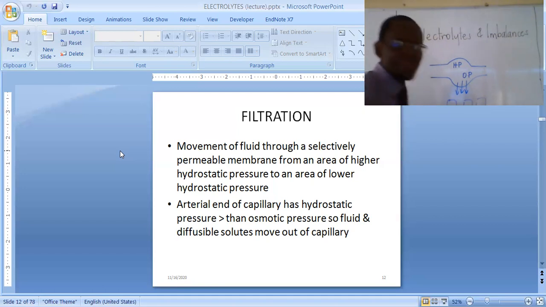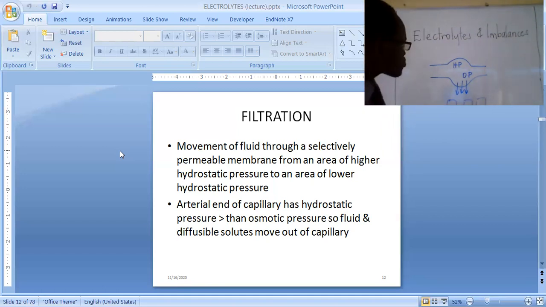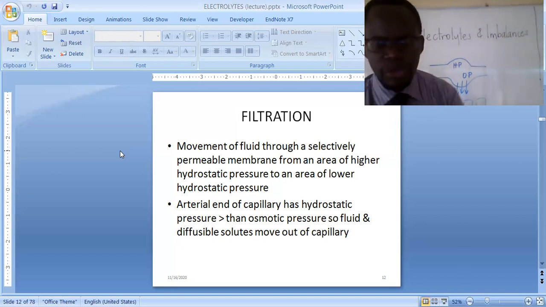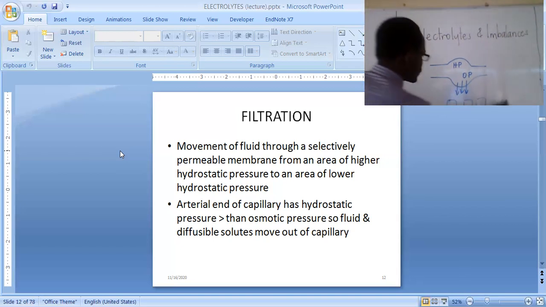That basically means that this process is filtration, whereby a higher force pushes fluid to move out of the capillary into the interstitial space. That is a process called filtration.